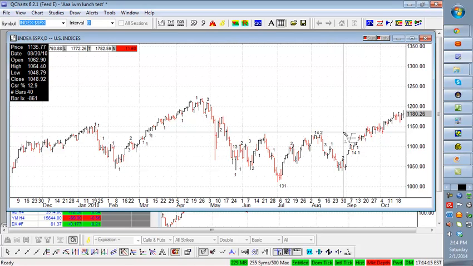What happened was along the way I came up with something that's known as the new Andrews pitchfork indicator, which is totally objective and is calculated differently.